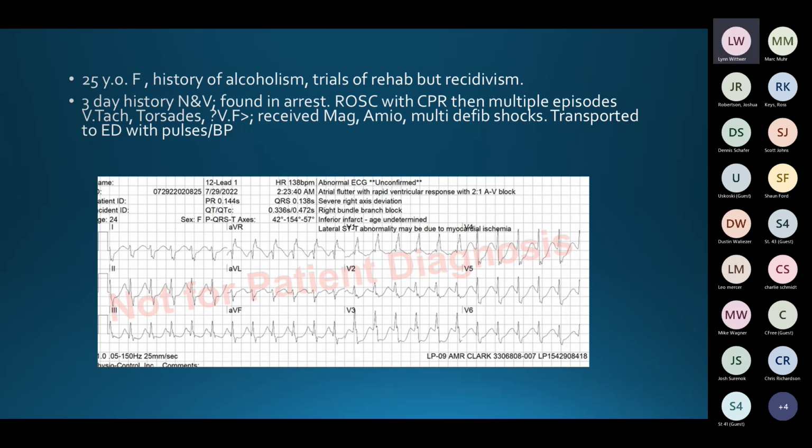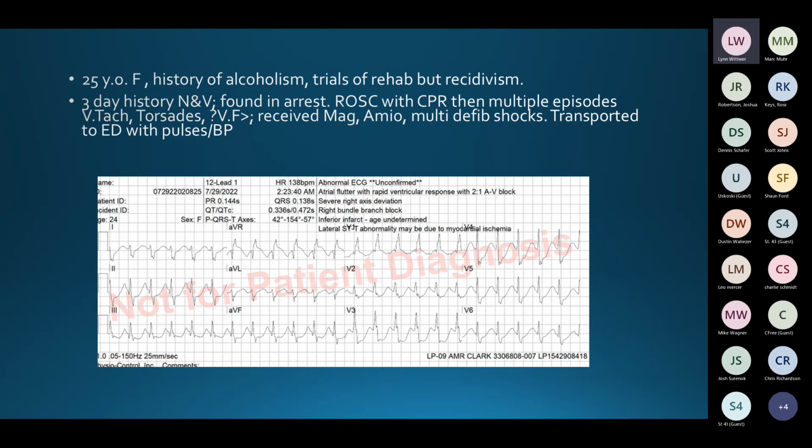Now, remember that this particular 12 lead was taken after she'd already been treated with magnesium, with amio, and had some defibrillatory shocks. So theoretically, if she had a prolonged QT on the basis of an electrolyte disturbance, her QT would have been higher than that, and would have been brought down by the treatment.